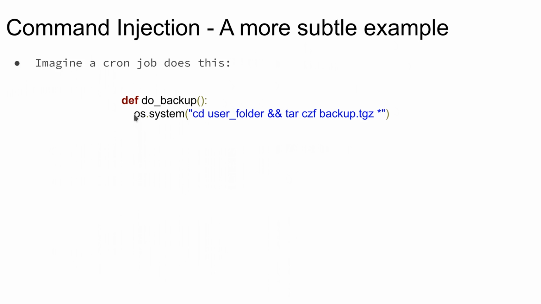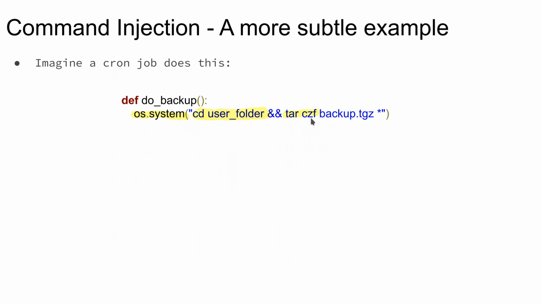It does os.system, which essentially does the same as exec. Details are a little bit different, but essentially this string here will be executed on the command line. Then it changes the directory into a user folder, and then it creates a backup with the tar utility, which is commonly used.